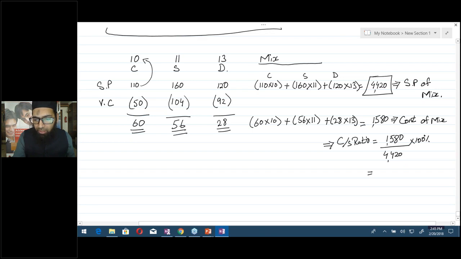The answer will be how much? 1580 by 4420 is 35.75%. So this is the weighted average CS ratio.